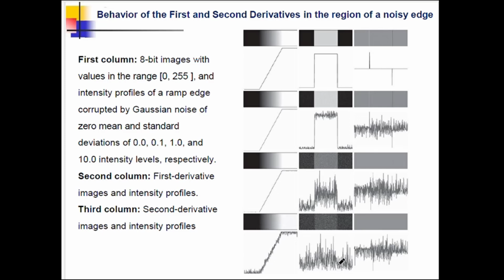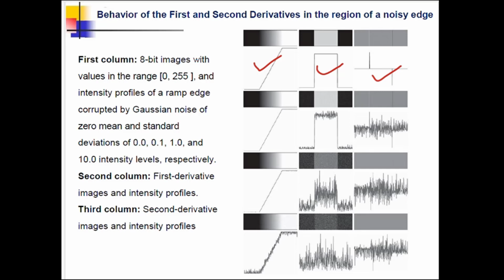The second column shows first derivative images and intensity profiles, and the third column shows second derivative images and intensity profiles. When there is no noise, 0 mean and 0 standard deviation of Gaussian noise means there is no Gaussian noise. See the first derivative and second derivative.